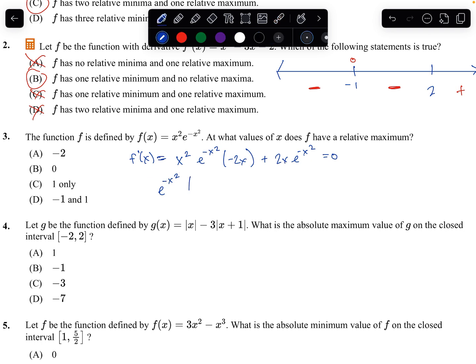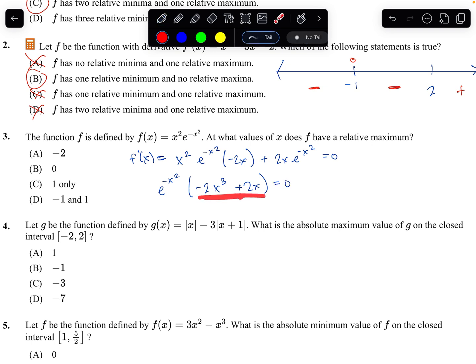So then I'm going to be left with x squared. Well, one second, I can multiply these two terms together. I just factored that out. So that's going to be negative 2x to the third, and then plus 2x, and that's going to be equal to 0.